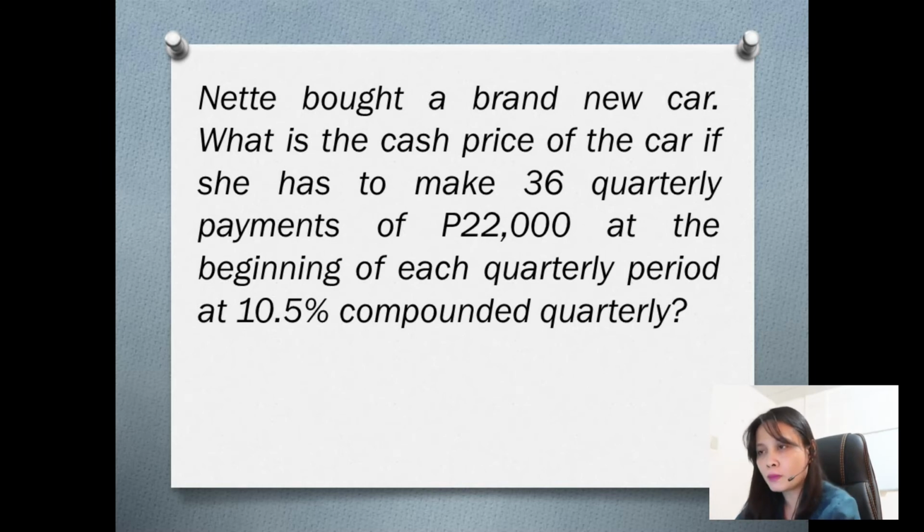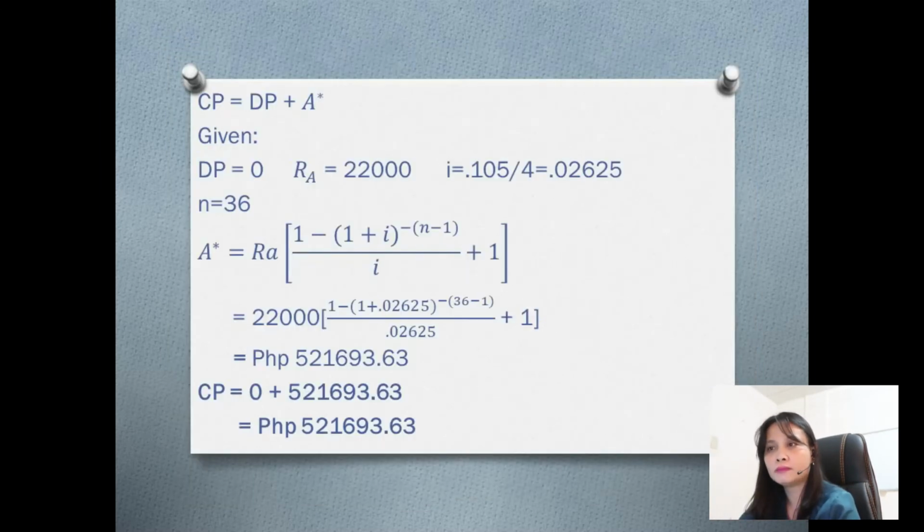So in this particular problem, what are the given? Cash price is equal to down payment plus the present value. Cash price, cash equivalent, cash value, the formula is always down payment plus the present value. We do have a down payment, which is 0, and a regular payment of 22,000.